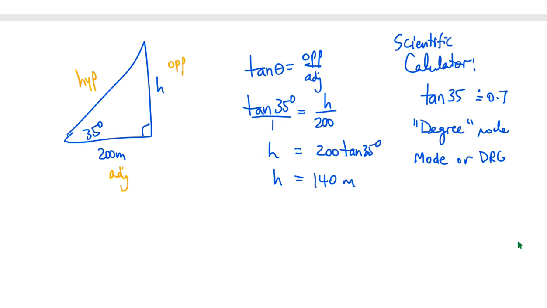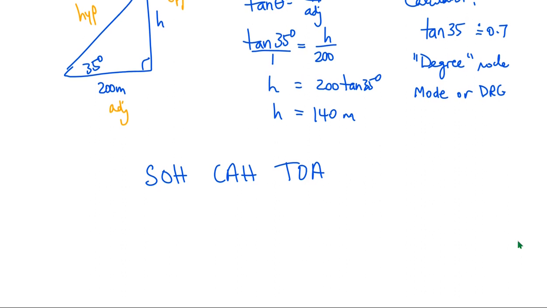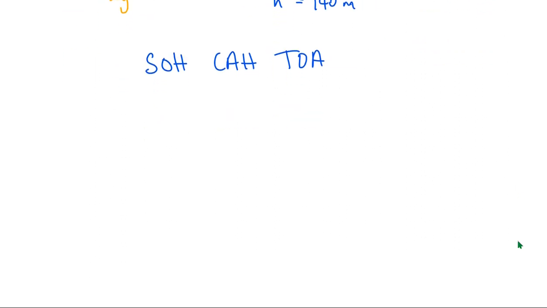Okay, now how will you remember? So we saw that sine is opposite over hypotenuse, cosine is adjacent over hypotenuse, and tan is opposite over adjacent. How will you remember which is which? So we have a little shortcut and it looks like this, SOHCAHTOA. All right, so just say that out loud, SOHCAHTOA. And what it is, it's a way to help you remember.